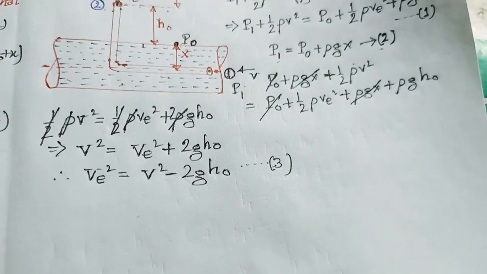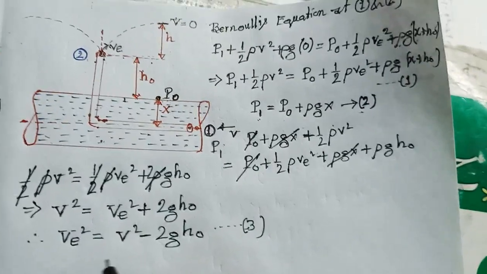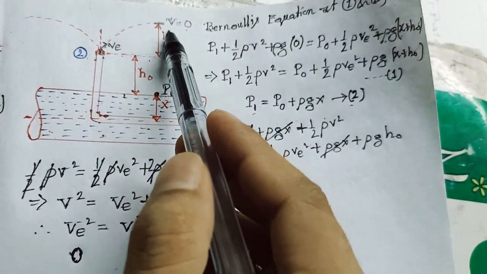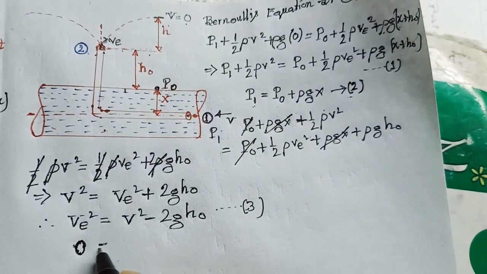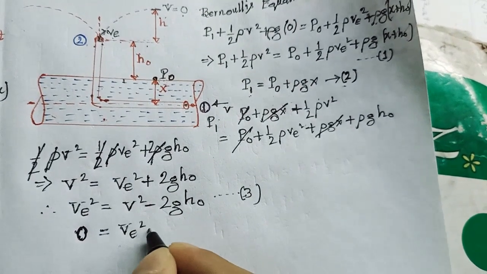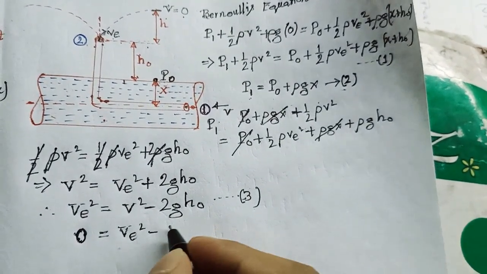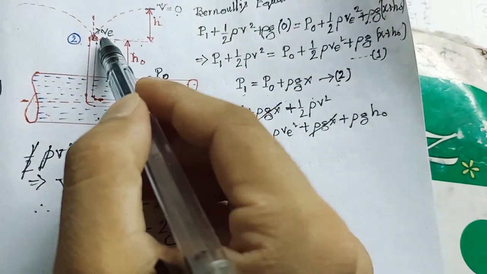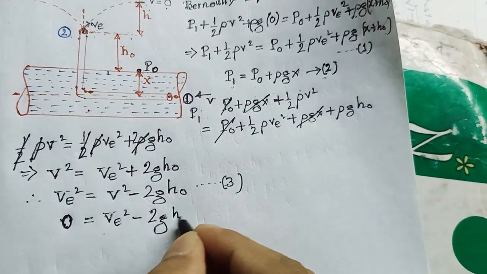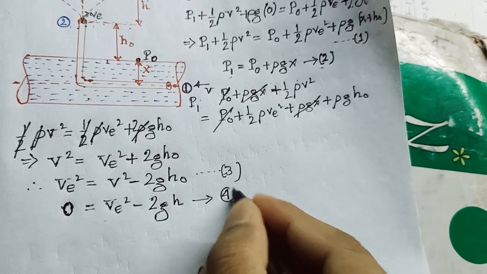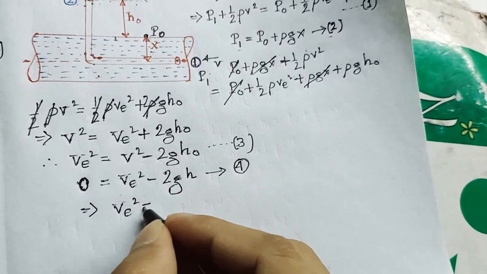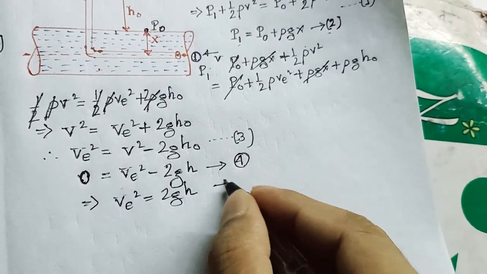So we can write this equation as 0, because our final velocity is 0, equal to v e square minus 2 g h, where the initial velocity is v e and the height difference between these two levels is h. Let this be our equation number 4. So from equation number 4 we can write v e square is equal to 2 g h. Let this be our equation number 5.